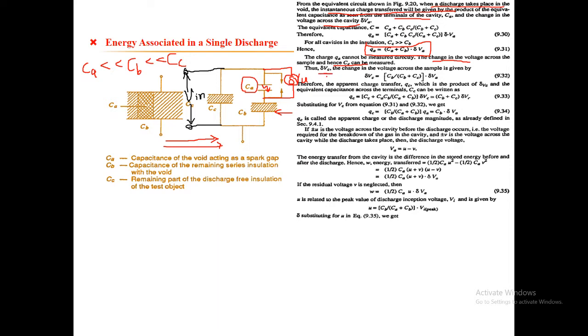Thus delta VC, the change in voltage across the sample, is given by applying the simple potential divider rule. So delta VC is equal to CB upon CB plus CC into delta VA. I am not considering CA here because I first need to identify the amount of voltage change observed at the healthy portion.